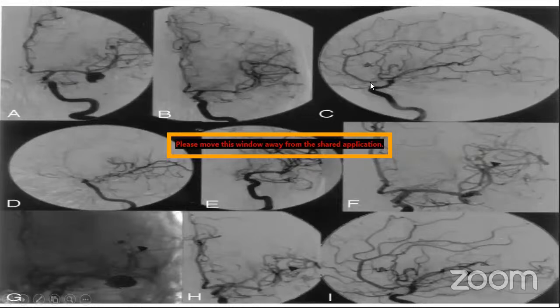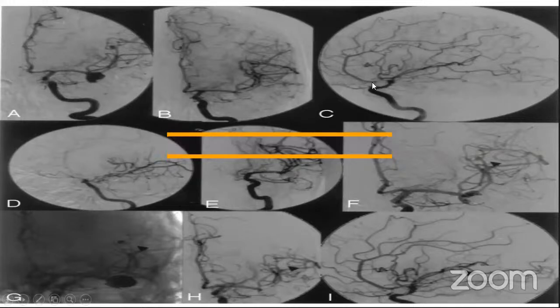How do we see the patency of the middle cerebral and the other parallel arteries?